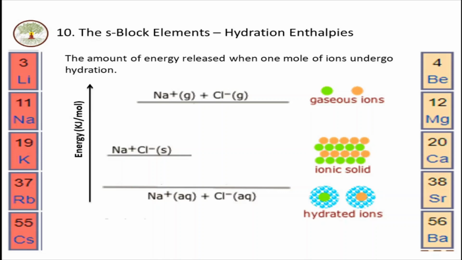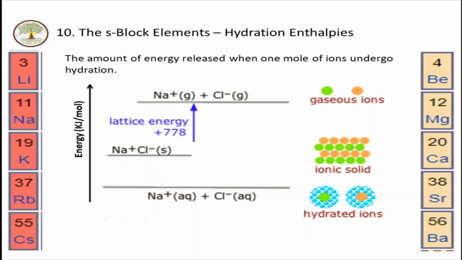Then comes the ionic solid form, which has higher energy, and then the ionic gaseous form, which has the highest energy. The energy difference between the ionic solid form and the ionic gaseous form of sodium chloride is called the lattice enthalpy.